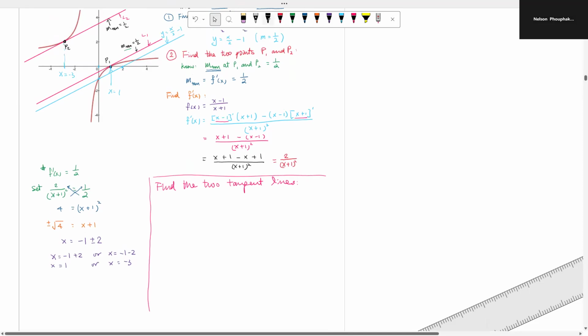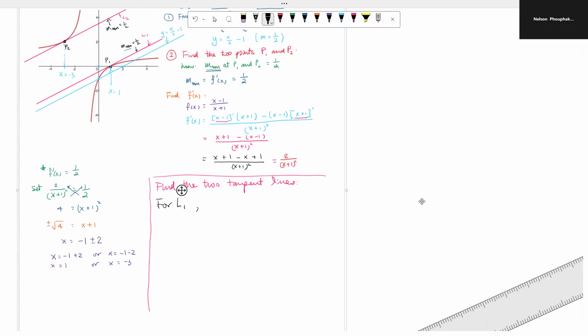For L sub 1, we would like to find the point P sub 1 when x equals 1.